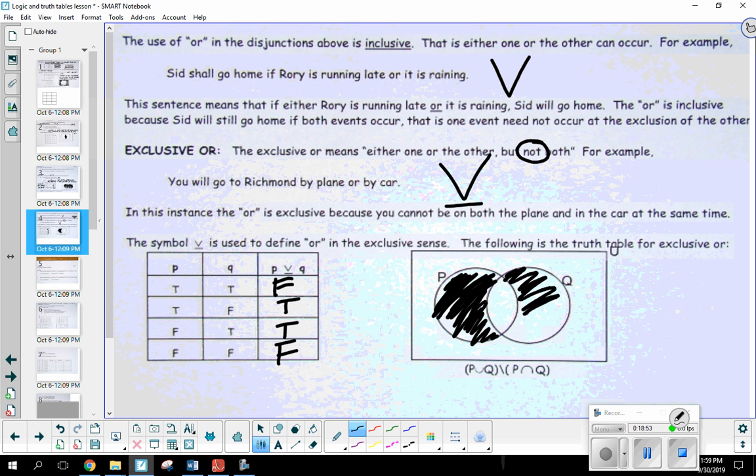There you go. What was the one region he didn't shade in? Where they intersect. Where we're talking about the exclusive or, it can be one or the other, but not both. Very good.